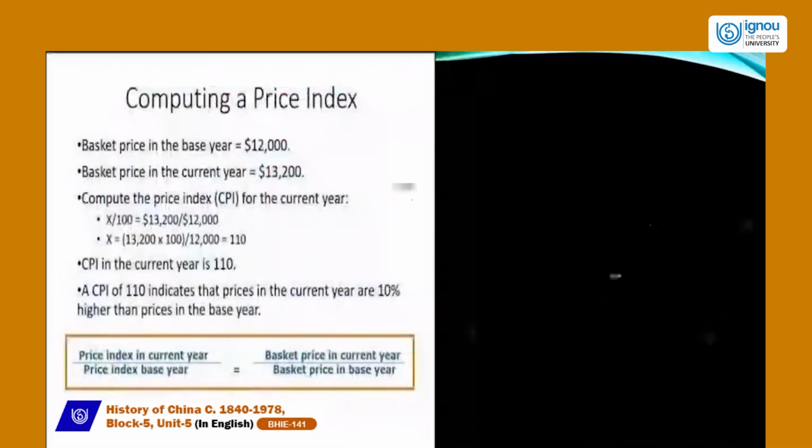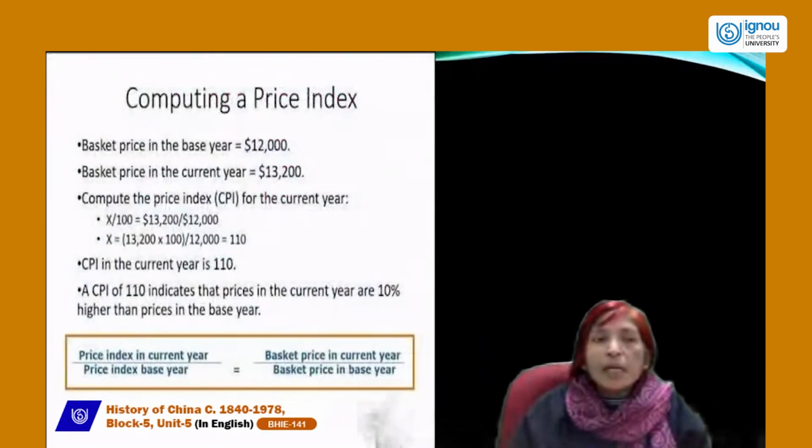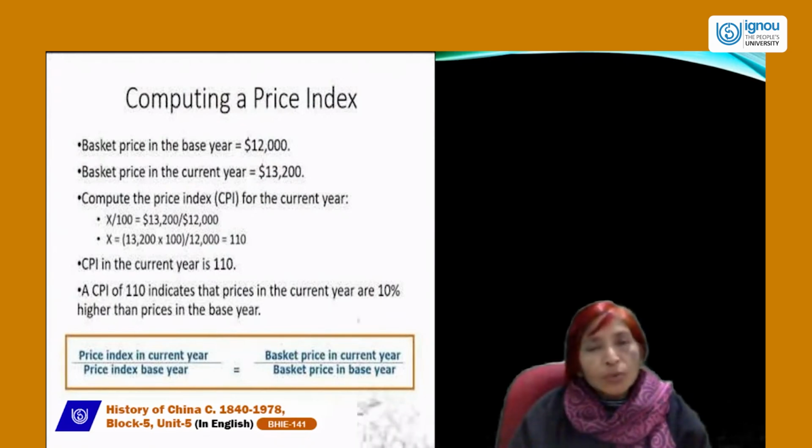Next is how we can compute a price index. Price index can be computed with the help of this formula. For example, suppose we are given the basket price in the base year as $12,000 and the basket price in the current year as $13,200.